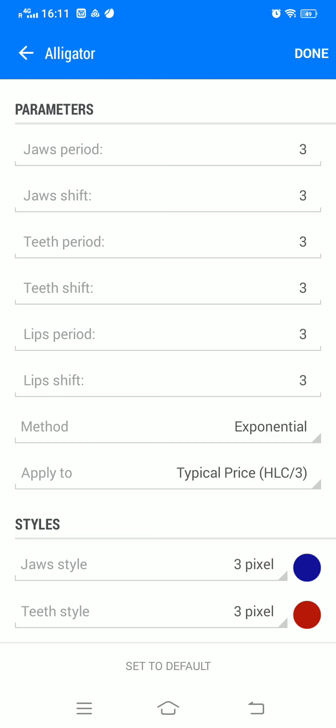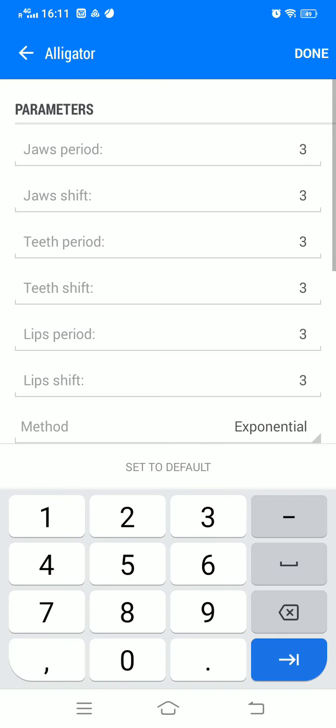These are the settings that you need to change. For your jaws period, let's just tap to change that. We're going to make that 15. For our jaws shift, we're going to make that 8. For our teeth period, we're going to make that 14. And for our teeth shift, we're going to make that 5.